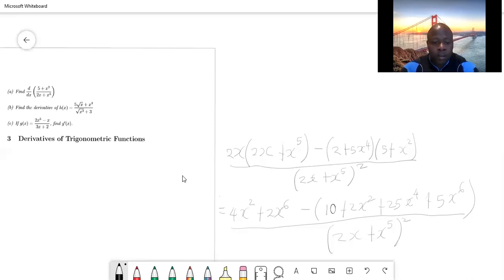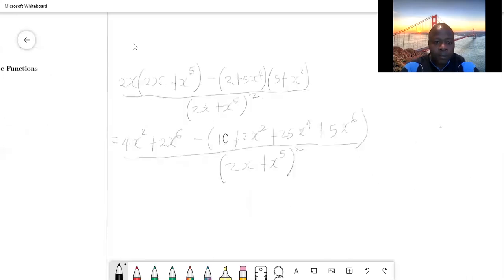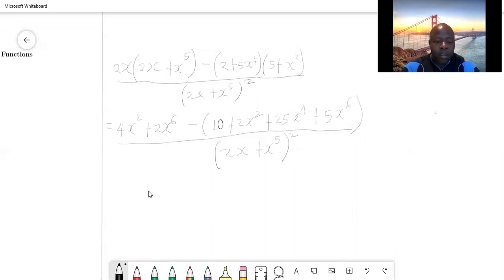Okay, let's create space here. Again, we continue simplifying our numerator. This gives us 4x squared plus 2x raised to 6 minus 10 minus 2x squared minus 25x raised to 4.